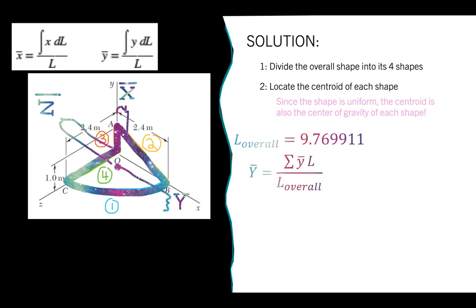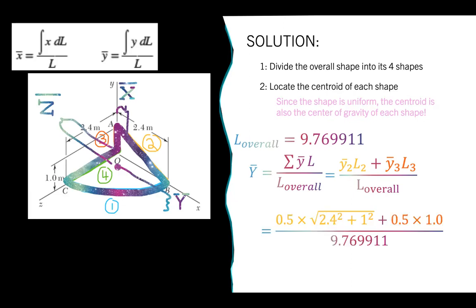Next, we will be focusing on the y coordinate of the centroid for the whole overall shape. That is equal to y2 bar L2 plus y3 bar L3 over L over all. Plugging in our known quantities, we have that y coordinate of the centroid for the overall shape is equal to 0.1842 meters.